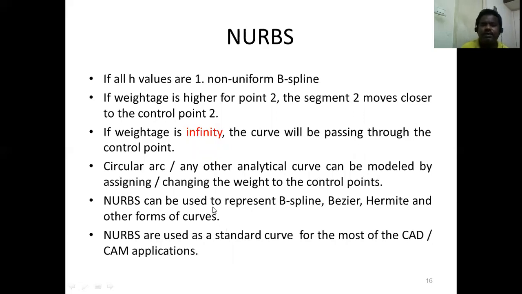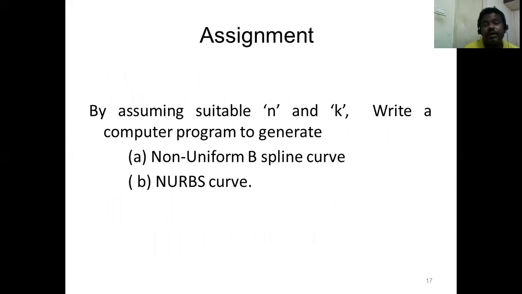It's a more versatile curve. By giving an appropriate coefficient or scalar value, you can create a B-spline, Bezier, or Hermite curve, or any analytical curve also. NURBS are used as a standard curve for most CAD/CAM applications. So this part is over.